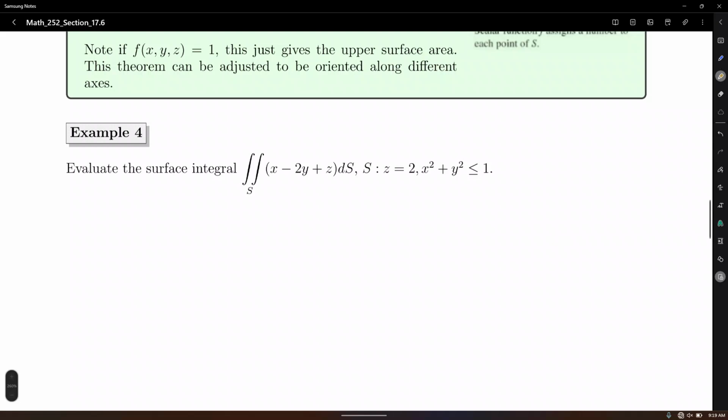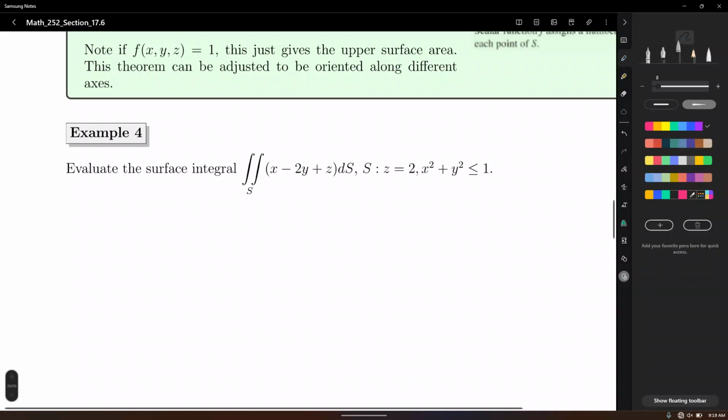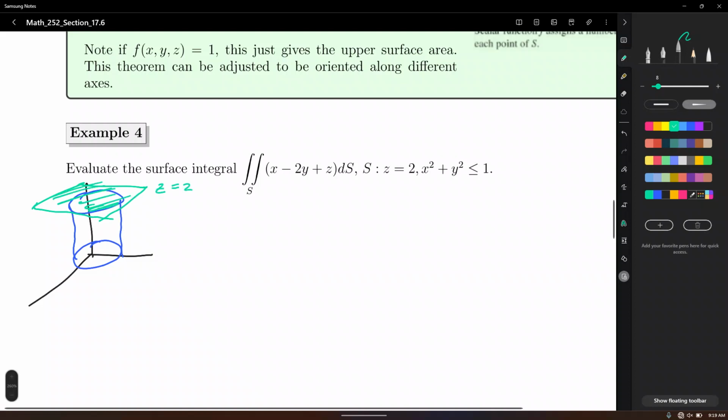Let's plot the region, or plot the solid. So that's the cylinder, and the plane z equals 2.